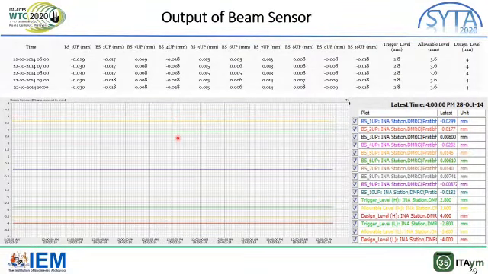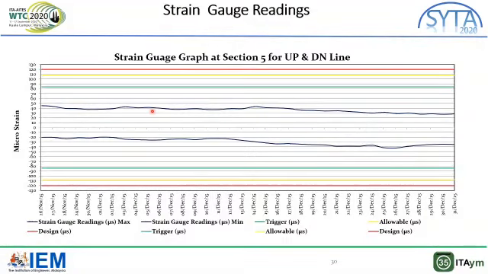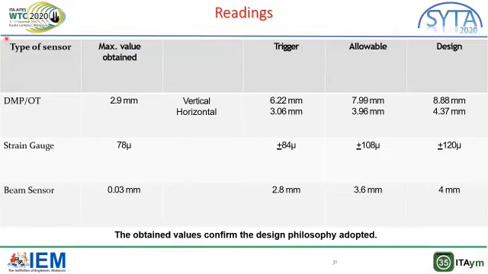Okay, this slide shows the output of the beam sensor. This slide shows the strain gauge graph at section 5 for up and down line. Here you can see the variation. And these are the readings of DMPs, strain gauge and beam sensors.